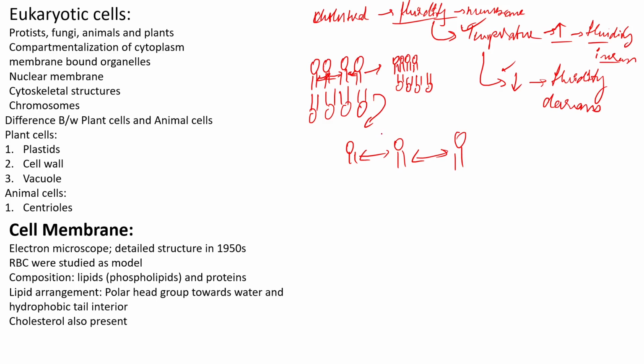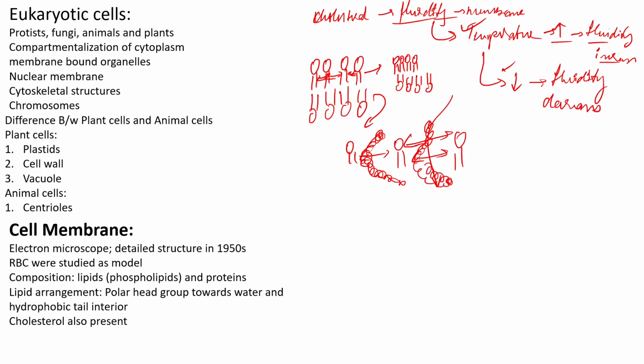So now if the fluidity increases, there will be more gap between the phospholipid molecules. In other words, there will be enough gap such that molecules can enter inside the cell. This is an undesirable trait, not something you want. As a result, the cell starts to synthesize more and more cholesterol, such that the cholesterol molecules sit in between the gaps of the phospholipid molecules.